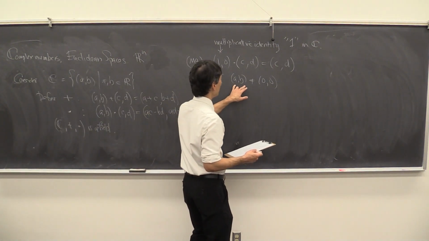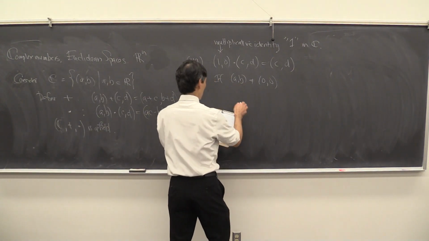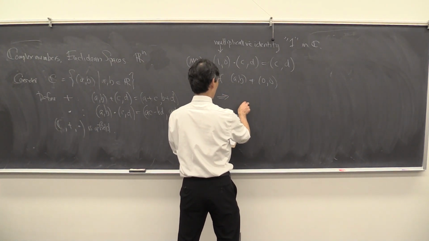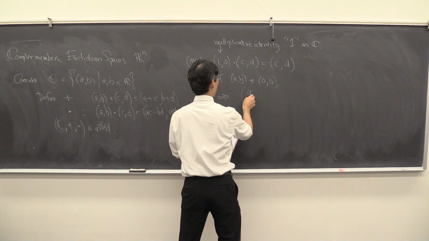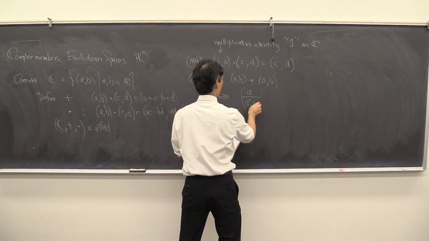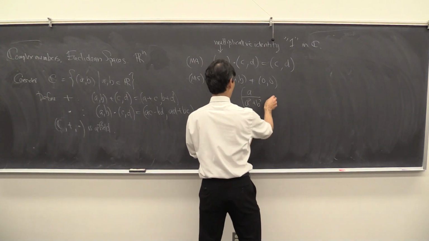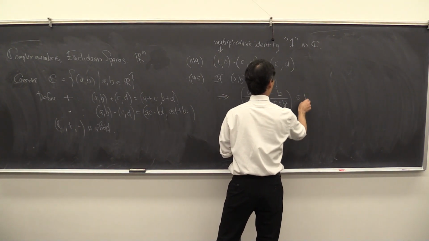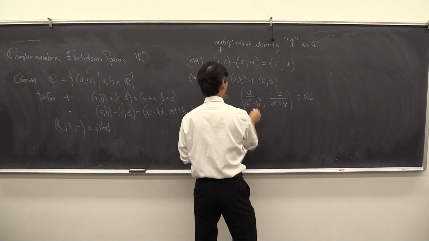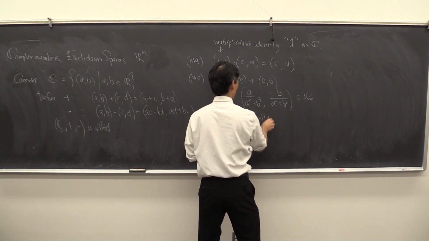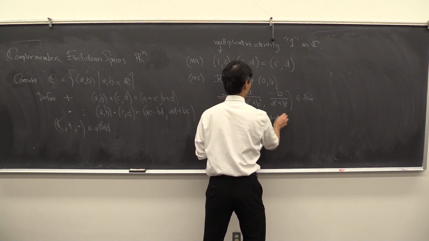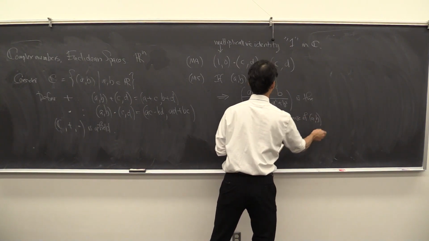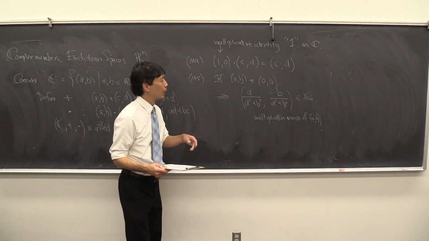So if (a, b) is not equal to (0, 0), not the origin, then (a over a squared plus b squared, negative b over a squared plus b squared) is the multiplicative inverse of (a, b).